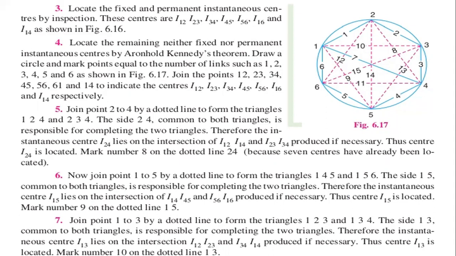Then we join the points 1 2, 2 3, 3 4, 4 5, 5 6, and 6 1. So we get a hexagon.